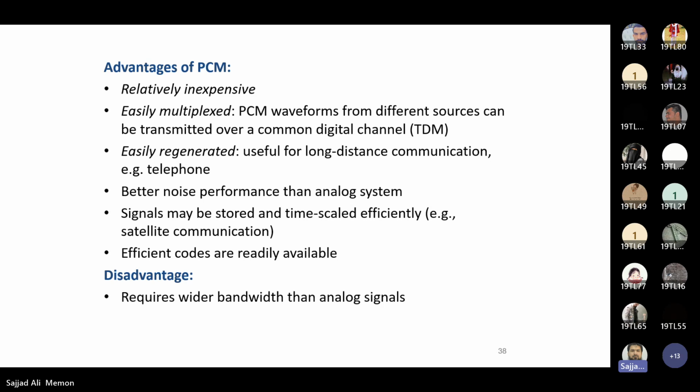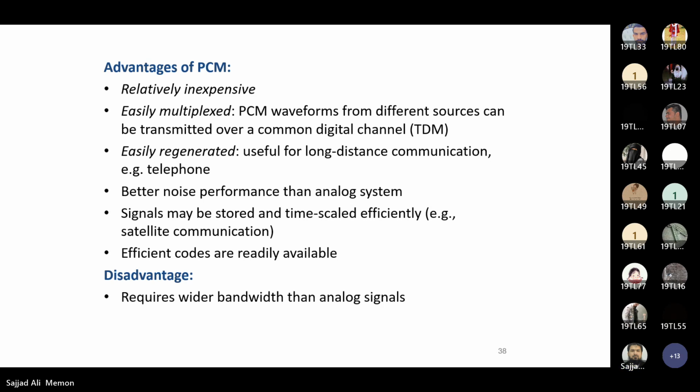Then we have E3, E4, and the hierarchy goes on. Similarly, we have SDH where we combine 63 E1s to have 155.52 megabits by multiplexing in time. All those input waveforms are the PCM waveforms.